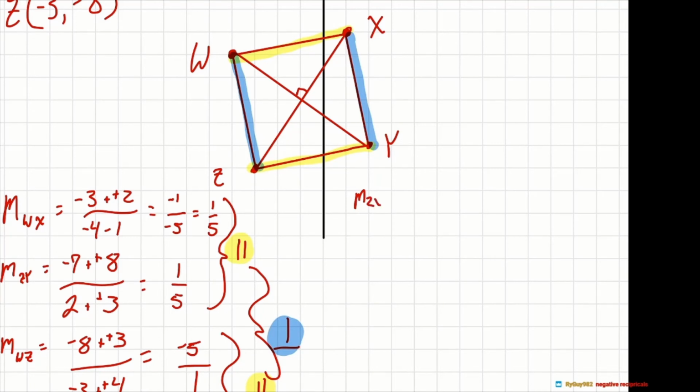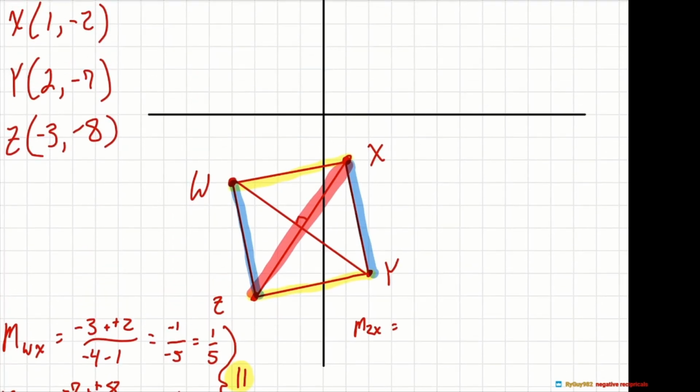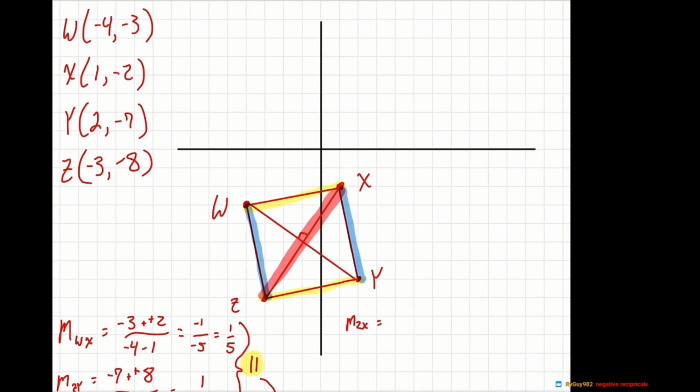So ZX, I'm doing the slope of this one right here first. The slope of ZX is, I got negative 8 minus negative 2 over negative 3 minus 1.